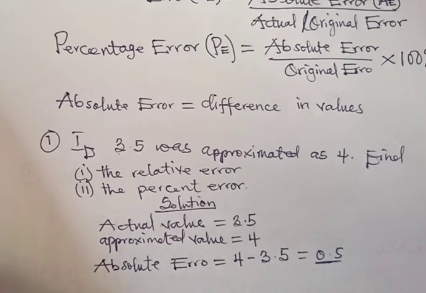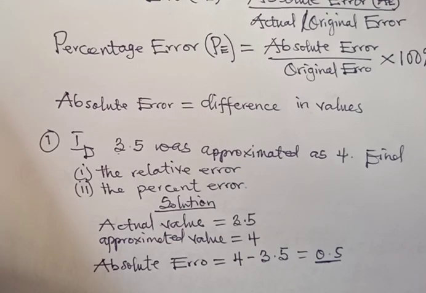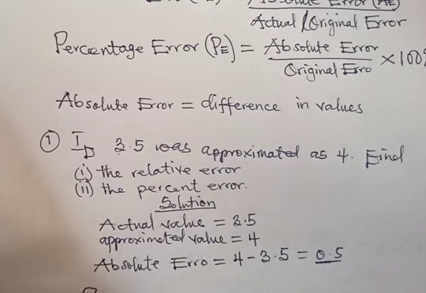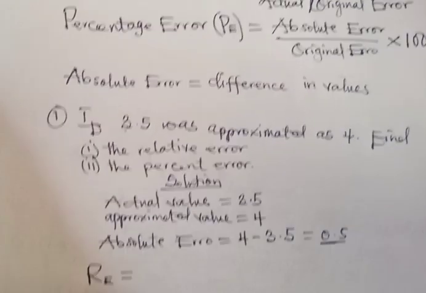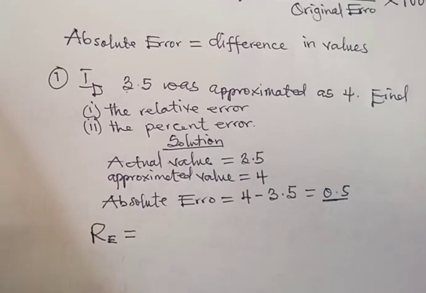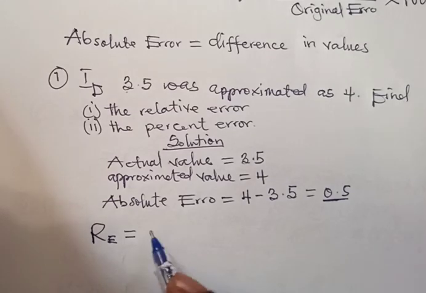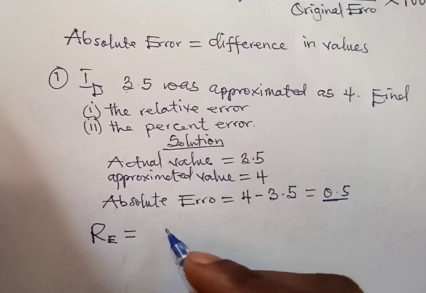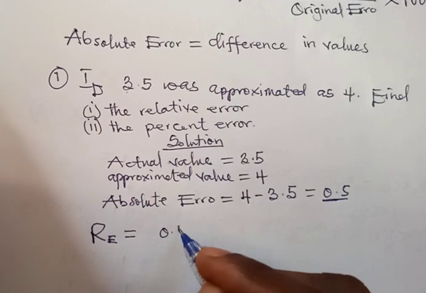If that is the case, then let's find the relative error. I will term the relative error as R subscript capital E. And we are saying that it is given as the absolute error divided by the actual value. So what is the absolute error? Absolute error is given as 0.5.